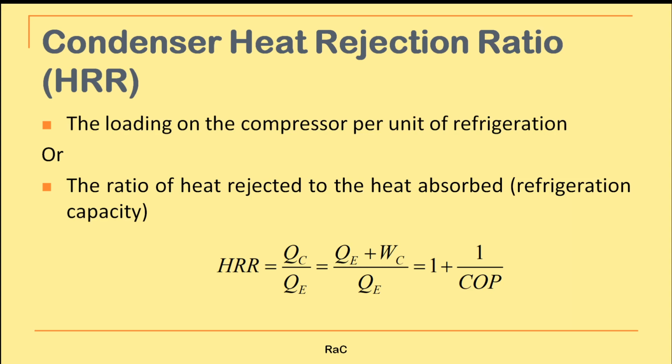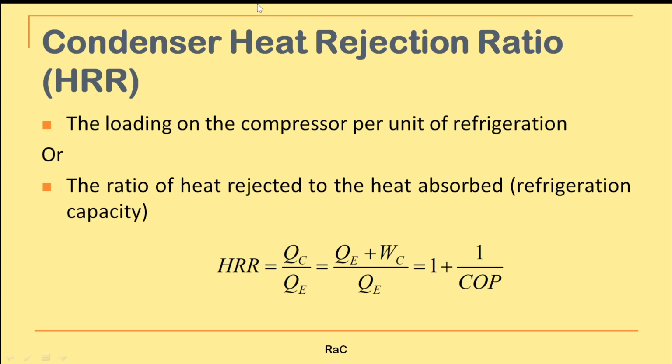What is Qc? It is the heat rejected from the refrigerant in the condenser. C stands for condenser, E stands for evaporator. So Qe is the heat absorbed in the evaporator, and Qc is the heat rejected in the condenser. The ratio of heat rejected to the heat absorbed is termed the heat rejection ratio.